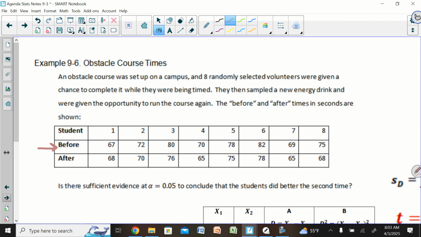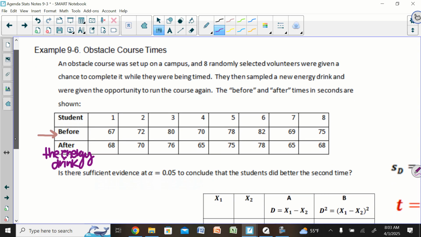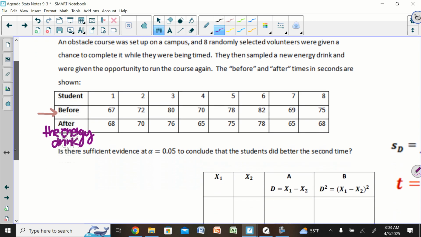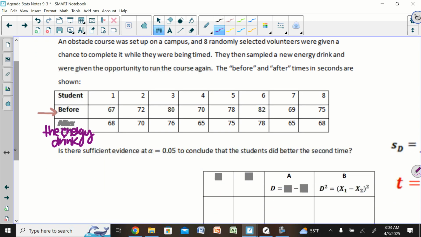Then they sampled a new energy drink and were given the opportunity to run the course again. So this is after the energy drink. So it's the same participant, just a before and after. Is there sufficient evidence at alpha equals 0.05 to conclude that the students did better the second time?